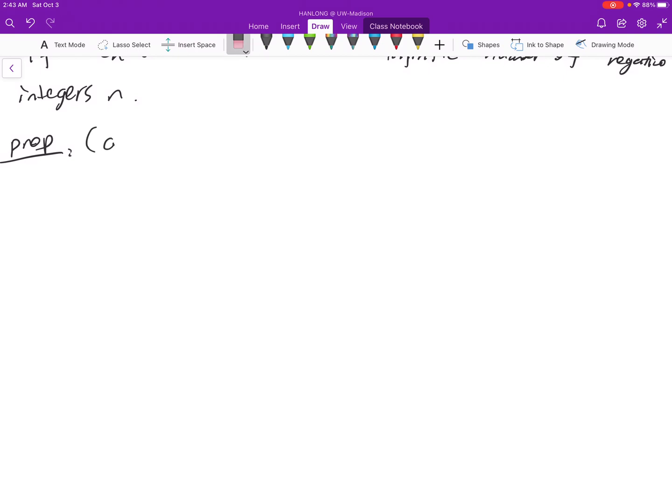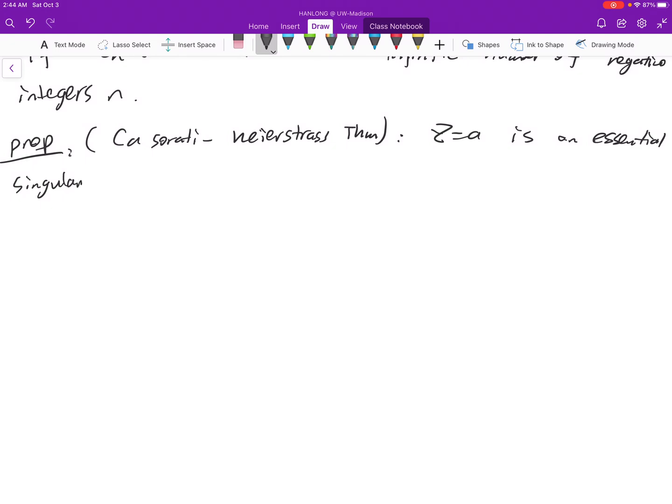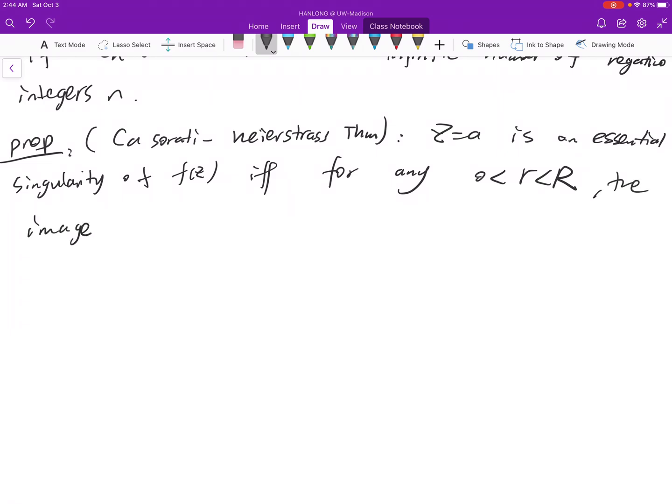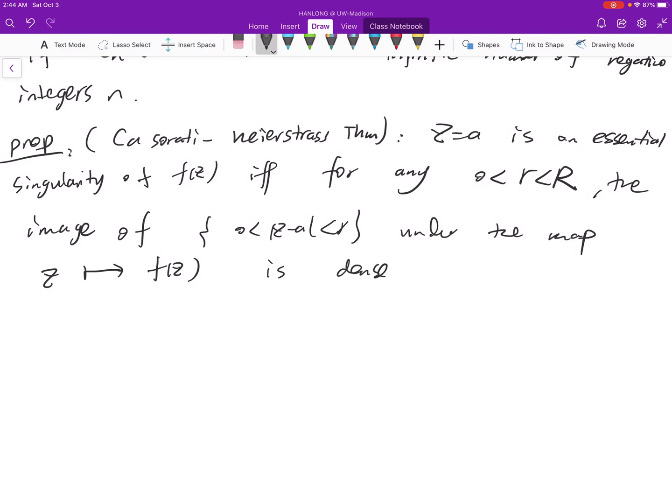So this is a theorem due to Casorati and Weierstrass. z equals a is an essential singularity of f(z) if and only if for any 0 less than r less than capital R, the image of the small punctured disk under the map z goes to f(z) is dense in C.